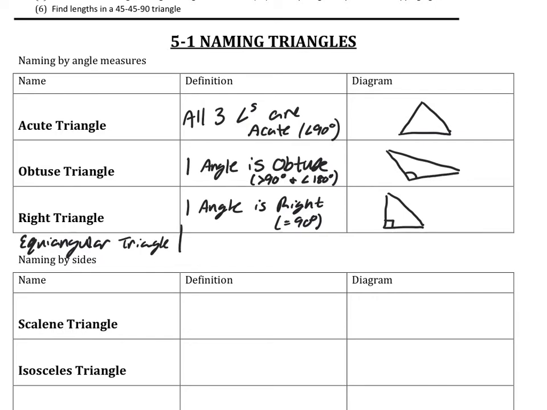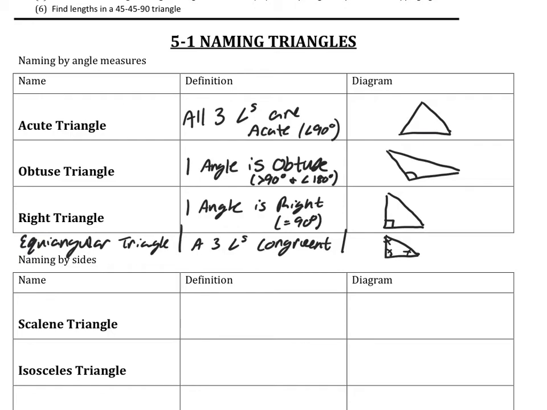All right, so this triangle most notably has all three angles congruent, right? Their measurements are equal. So if we were to draw this triangle, we'd have all three angles and we'd have congruency marks on them there. Okay, so those are our names based on angle measurements.